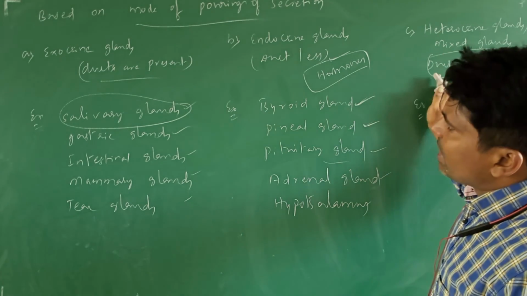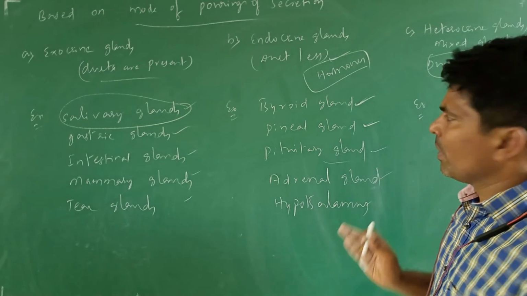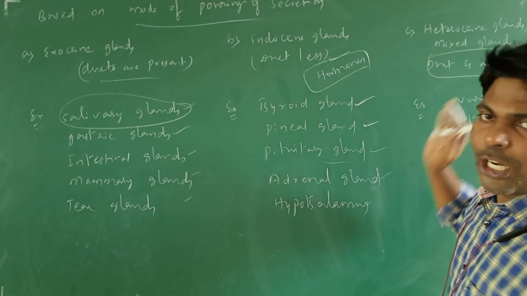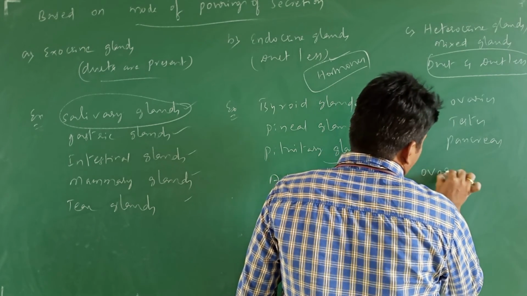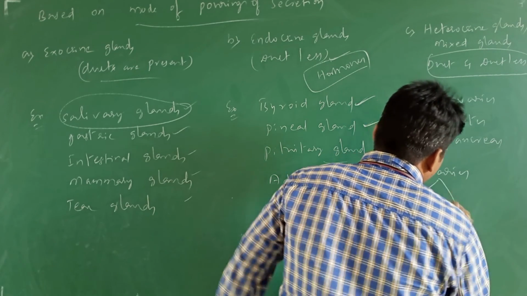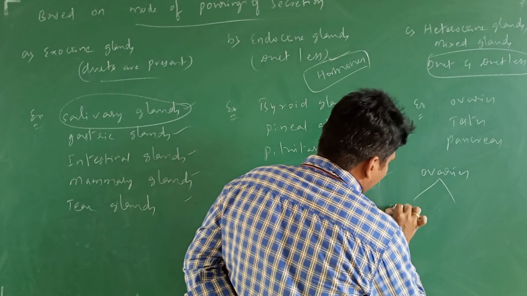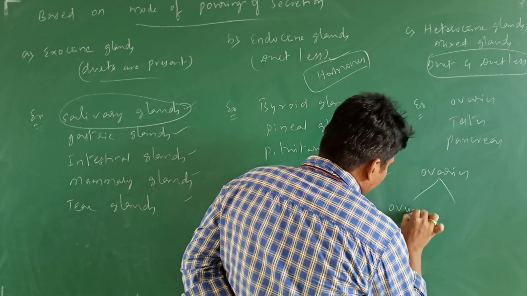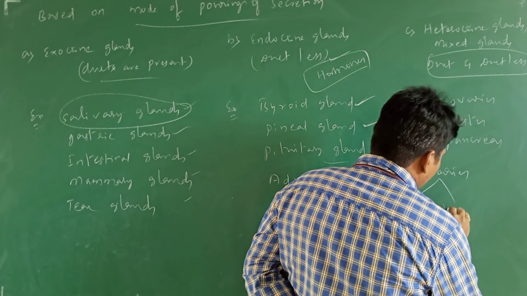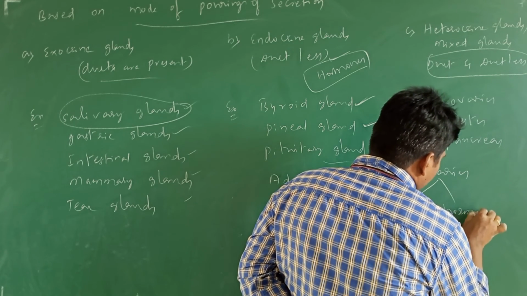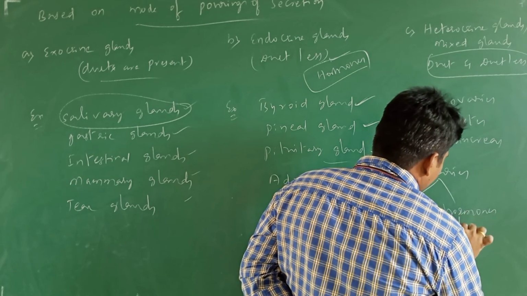Next, heterocrine glands. Part of the gland acts as an exocrine gland, and part acts as an endocrine gland. Suppose we take the ovaries. Part of the gland produces the ovum, and part produces hormones. These hormones are estrogen and progesterone.